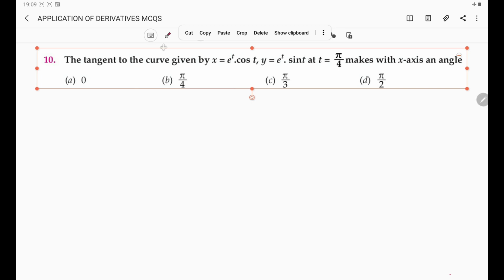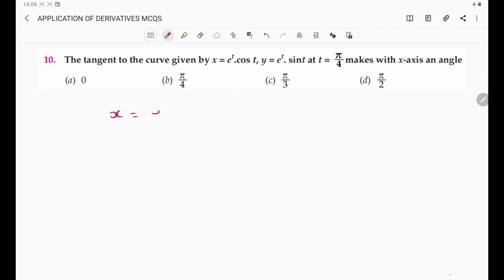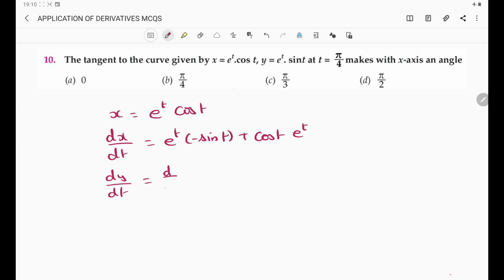You are given x is equal to e to the power of t cos t. So we find dx by dt, which is equal to e power t into the derivative of cos t, which is minus sin t, plus cos t into the derivative of e power t, which is e power t. And dy by dt is d by dt of e power t sin t, which is equal to e power t into the derivative of sin t, which is cos t, plus sin t into the derivative of e power t, which is e power t.